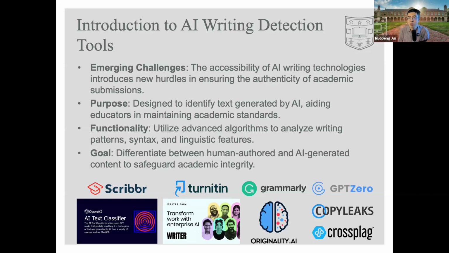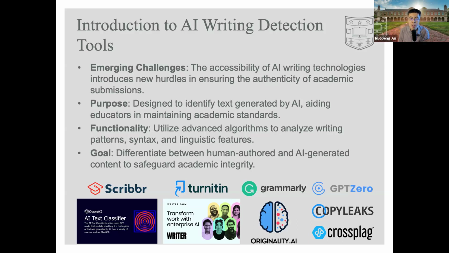The purpose of those tools is to identify text generated by artificial intelligence, most likely generative AI, aiding educators in maintaining academic standards. But that is not the only purpose. There are other purposes as well. We are going to talk about them later.